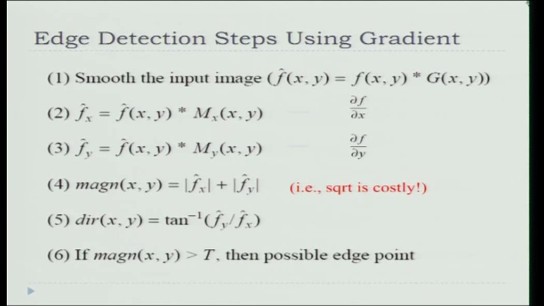G(x,y) is your filter, right. So, you convolve f(x,y) with g(x,y) to get the smoothed image. Now, on this smoothed image, you use your mask, whether the Sobel operator or the Prewitt operator, to get del f by del x. Similarly, you get del f by del y.